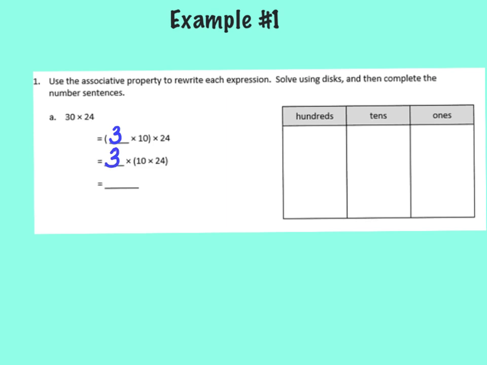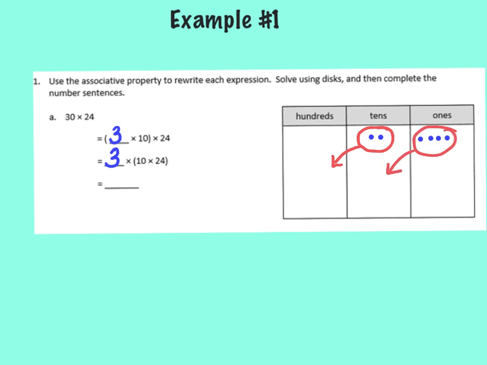On the place value chart, we will show 24 as 2 tens and 4 ones. We can multiply 10 times 24 by shifting each number one place value to the left.